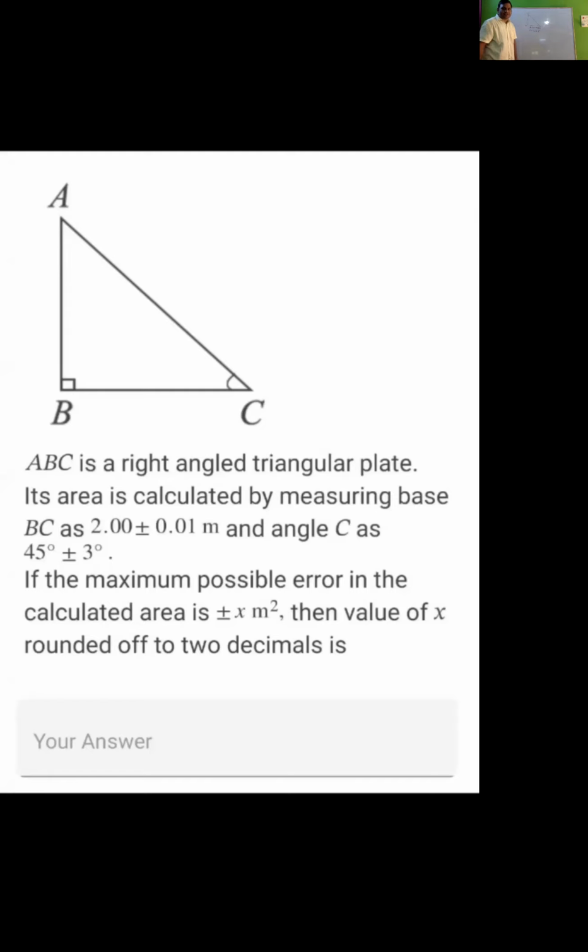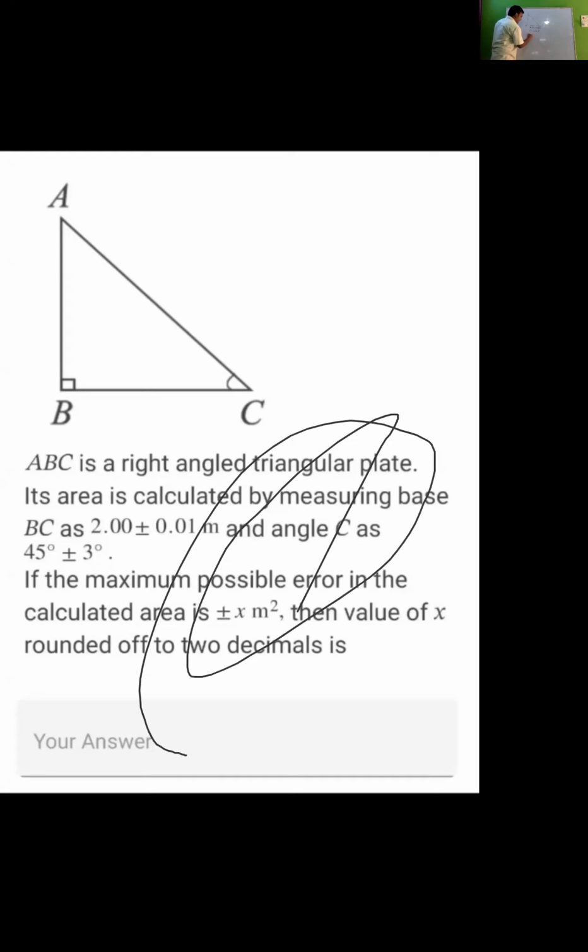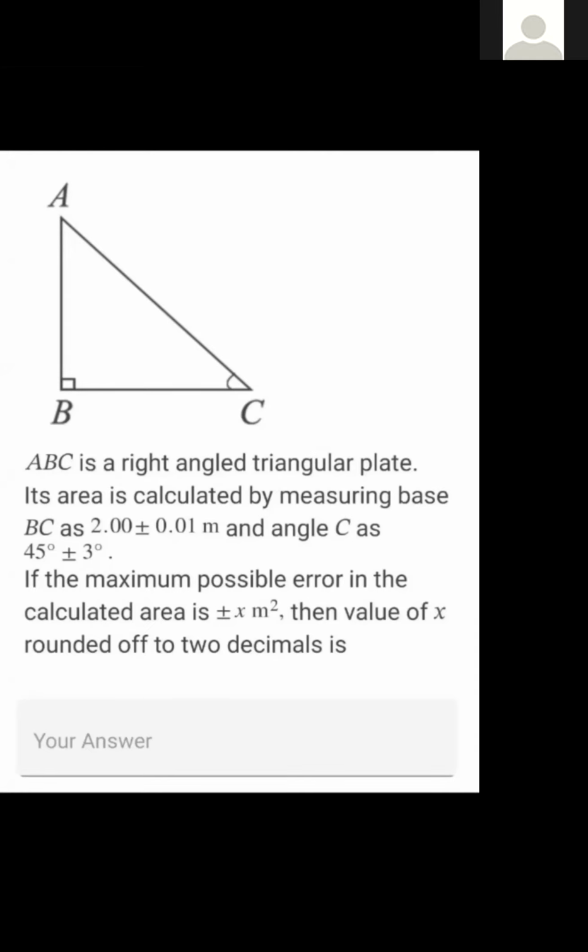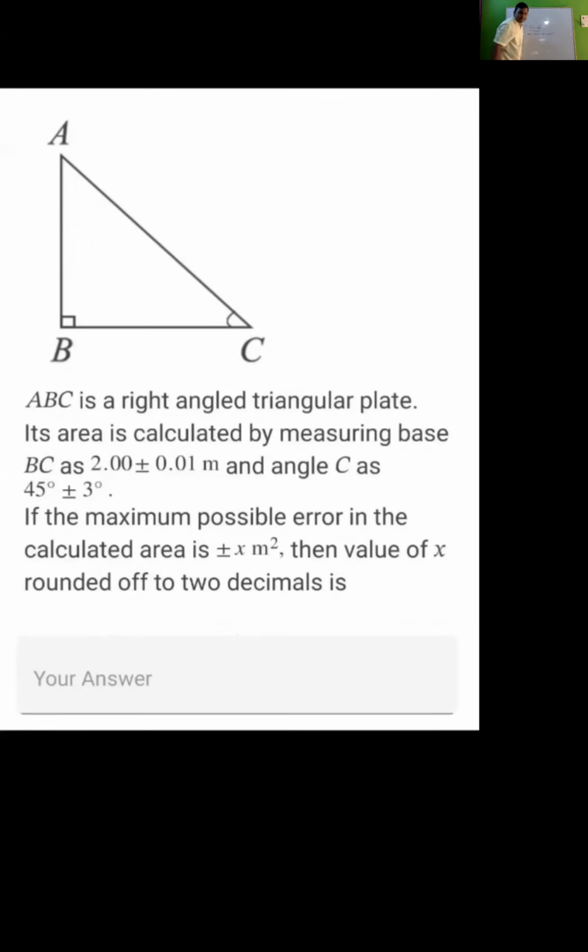If the maximum possible error in the calculated area is x, that is, the area error delta A is plus or minus delta x meter square, then the value of x rounded up to 2 decimals is.